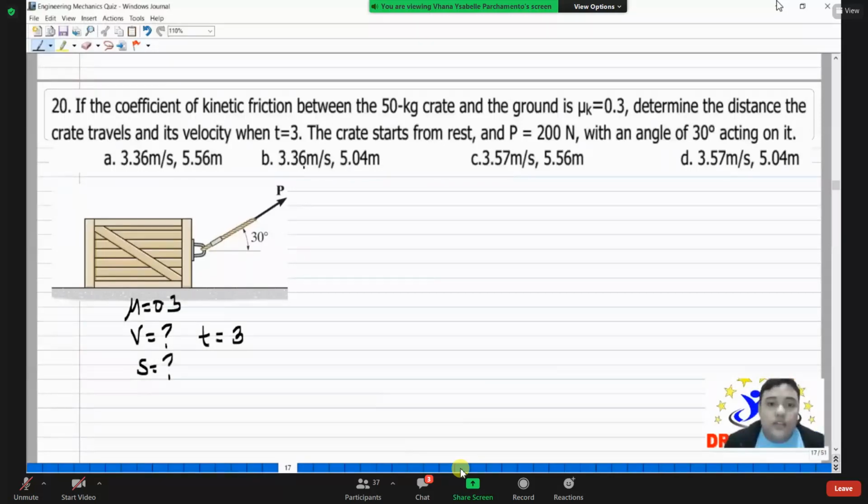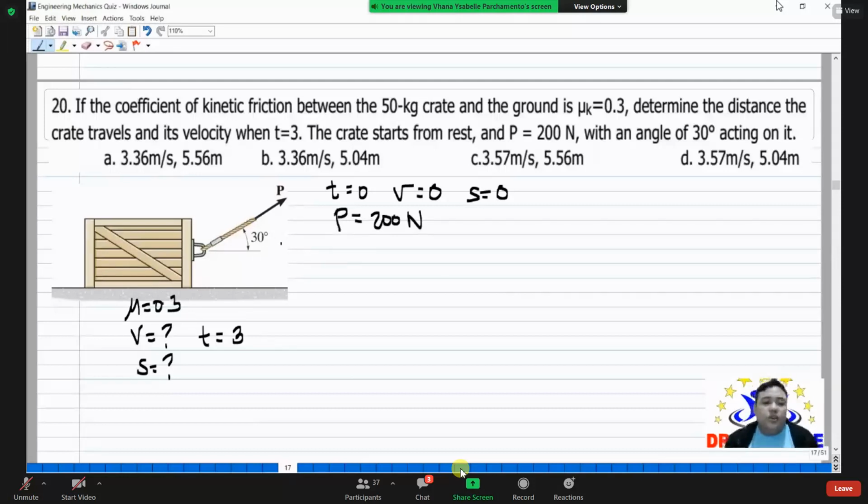So, the crate starts from rest. So, at time t equal to 0, our v is equal to 0. S is from the reference point, 0. And P is equal to 200 newtons with an angle of 30 degrees.